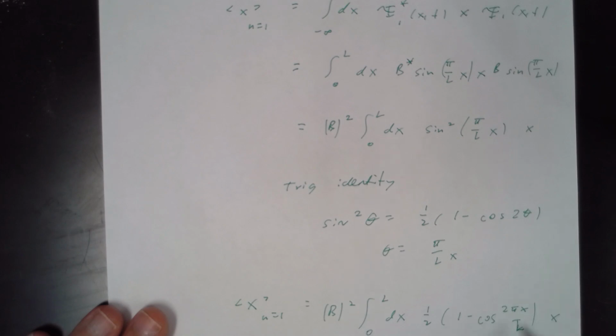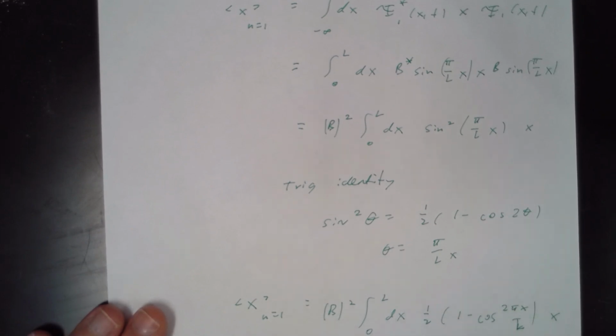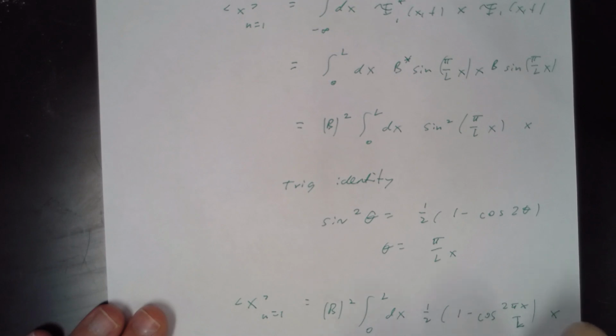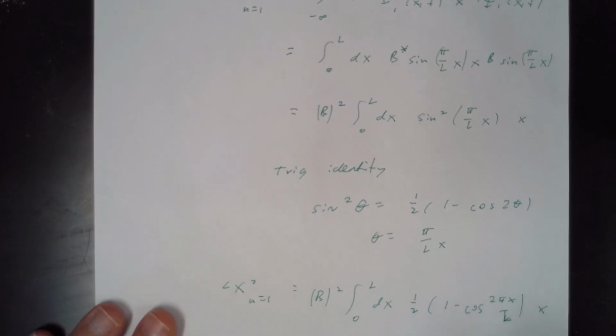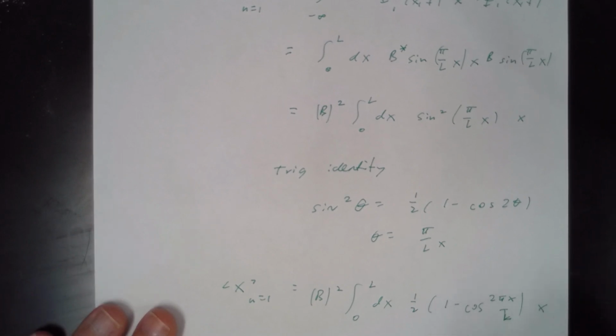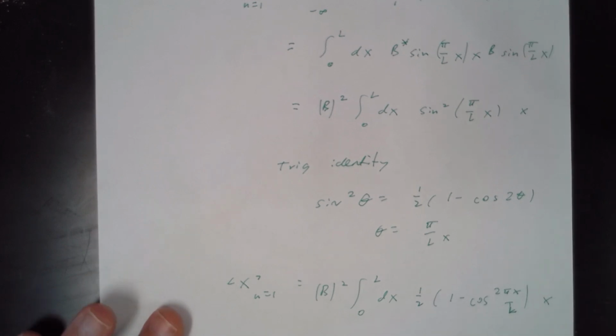I'm going to distribute x through both of those terms. B squared is still out in front. So now I'm going to get the integral from 0 to L dx of 1/2 x minus integral from 0 to L dx of 1/2 x times cosine 2 pi x over L. Alright?